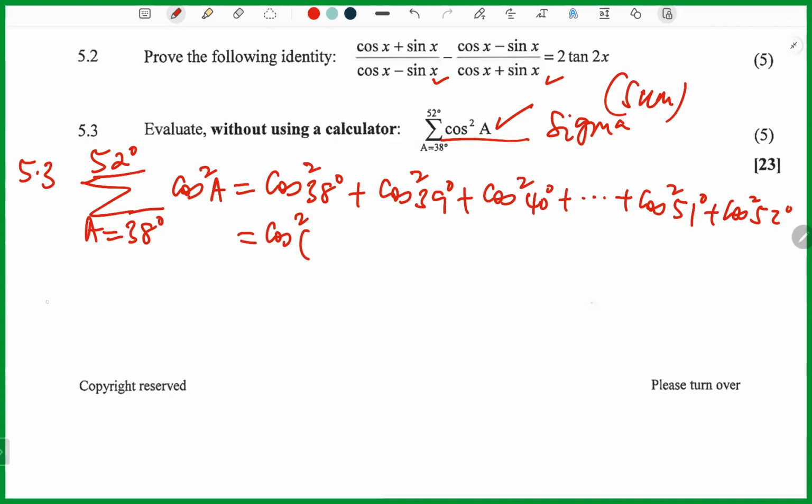These things are equal to, so you know that in mathematics, the cosine of theta is always the same as the sine of 90 degrees minus theta.